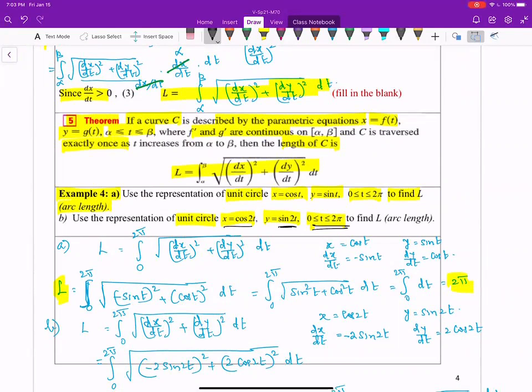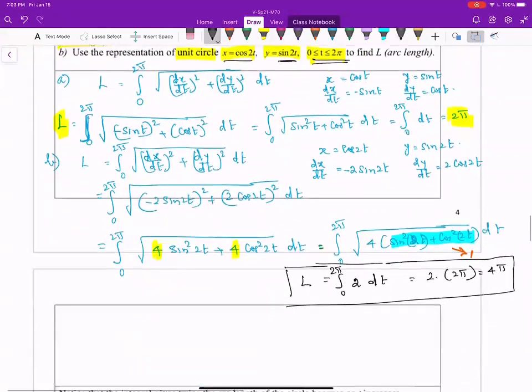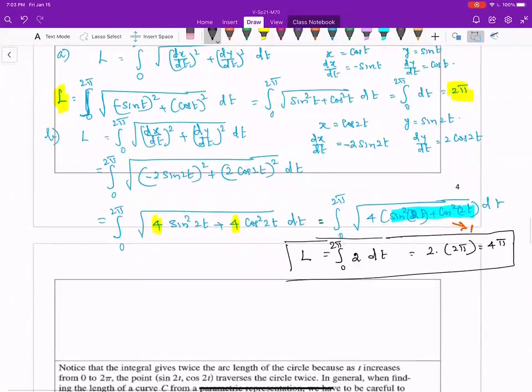So you are measuring the circumference of the circle twice. That's why in the interval 0 through 2 pi it becomes 2 times 2 pi r, that is 4 pi, with r equal to 1, because it's a unit circle whose radius is 1.